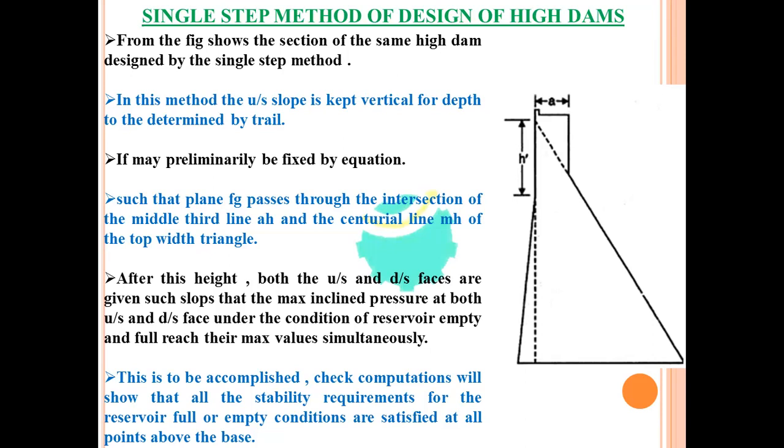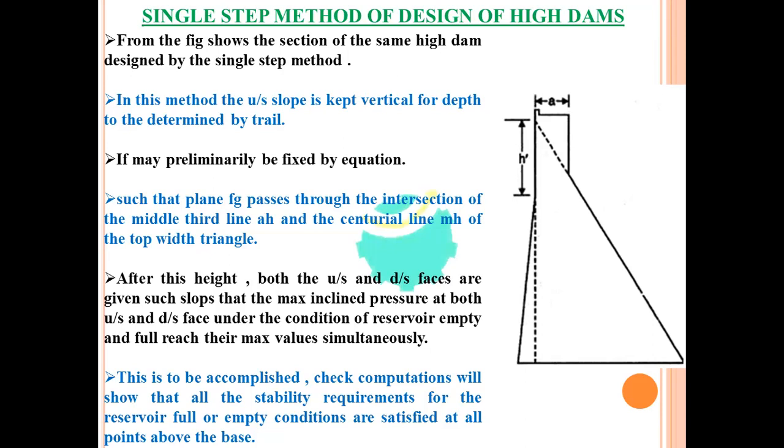After this height, both the upstream and downstream faces are given such slopes that the maximum inclined pressure at both upstream and downstream faces, under the conditions of reservoir empty and full, reach their maximum values simultaneously. This is to be accomplished.